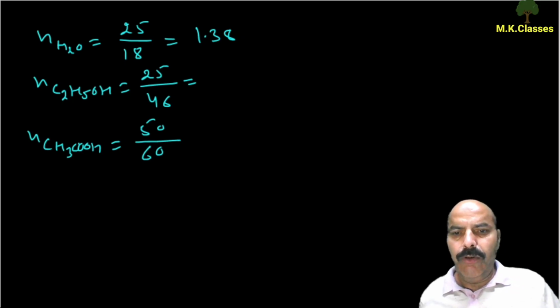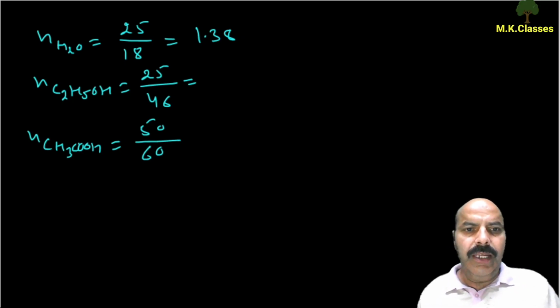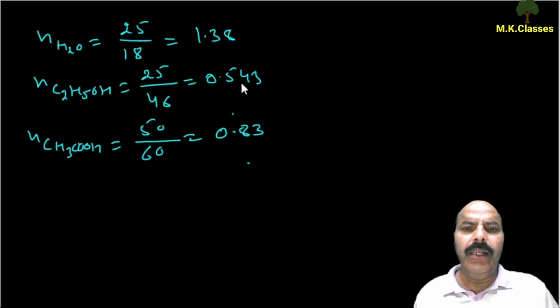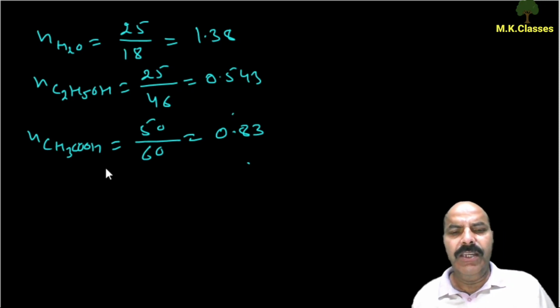Then 25 upon 46 beta, that is equal to 0.543, and then that is equal to 0.83. These are the number of moles of these different components.